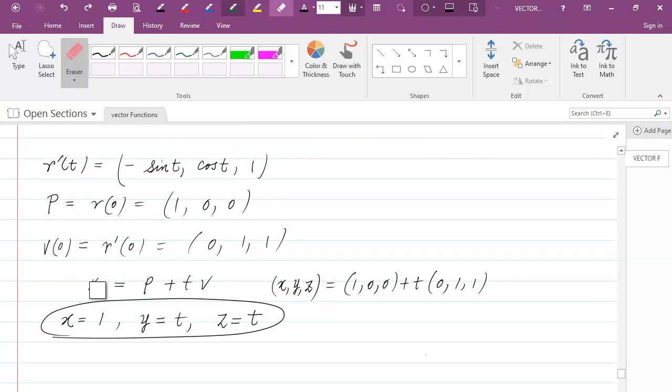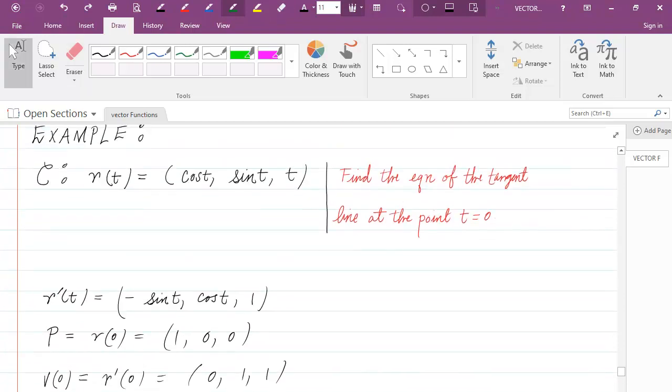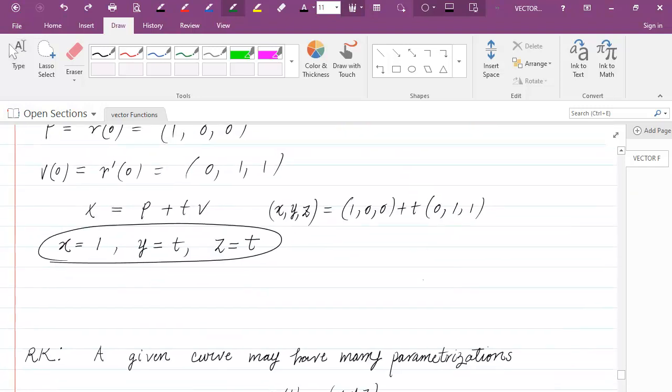So capital X is x, y, z, P is 1, 0, 0, and the v is r prime of 0, which is 0, 1, 1. So x is 1, y is t, and z is t. So that's the equation of the tangent line to the curve C at the point where t is 0.